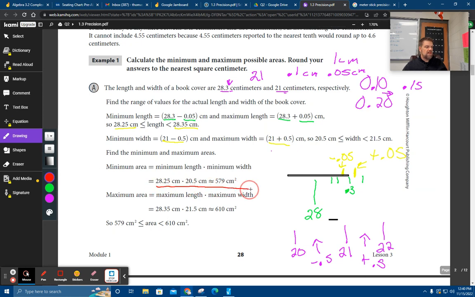So now that I've got all that done, I find that the maximum area is the product of those two numbers. The maximum area is going to be the maximum length times the maximum width. I'm sorry, I'm saying maximum, but that's not right, let me erase this so it makes more sense.